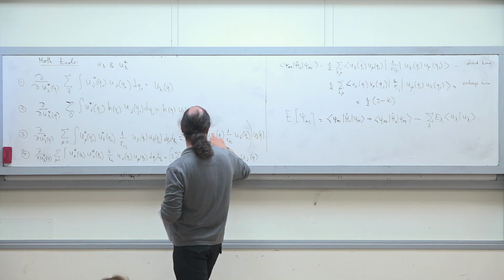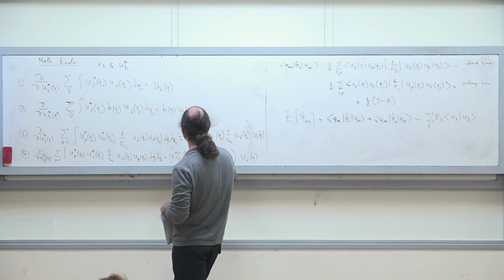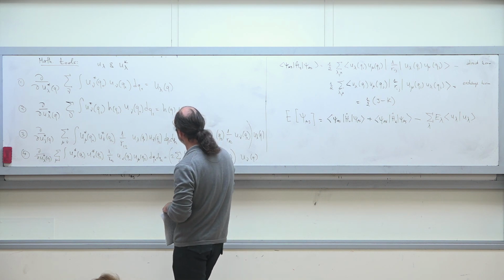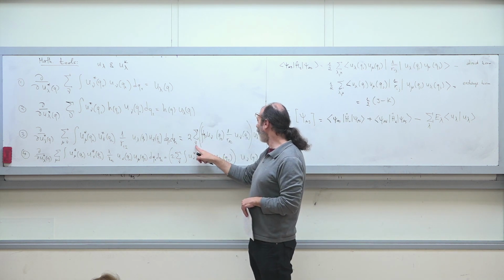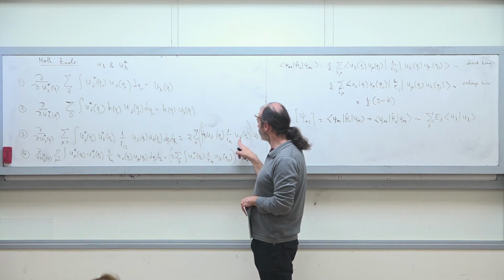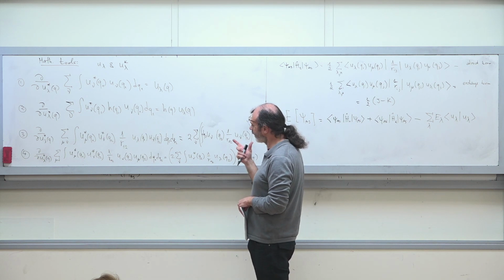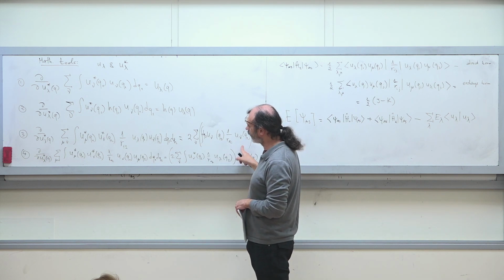Here, on the left part, this should be mu. So here I'm summing over all orbitals mu. It's mu inside, the same orbital, and I'm summing over all mu.